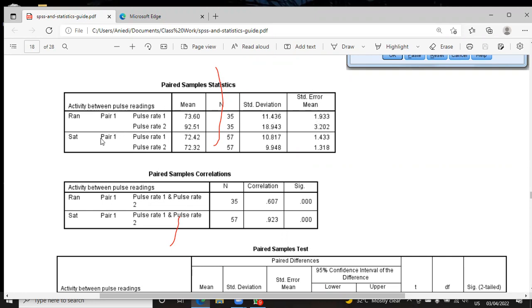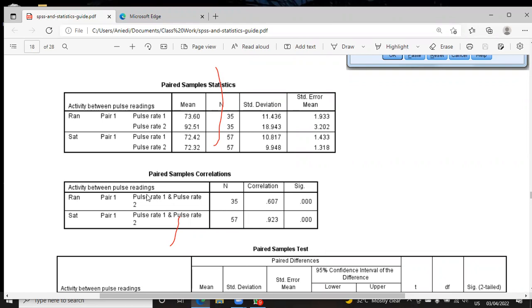Then for those that were seated, before they sat down, their mean pulse rate was 72.42, and after sitting for a while, it dropped to 72.32. And you see the number of participants in the experiment. Are you there? You see the number of participants in the experiment.